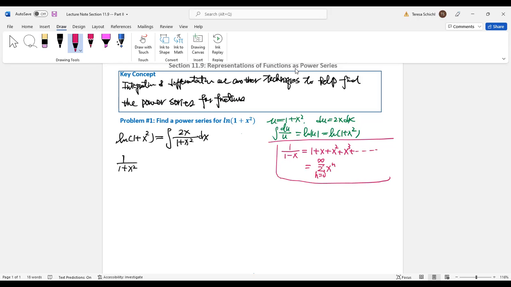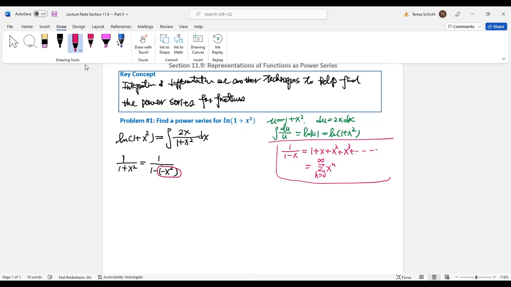Like in video number 1, we want to manipulate this to match these forms. So 1 over 1 plus x squared, you can treat as 1 over 1 minus negative x squared. So the negative x squared is your new x.